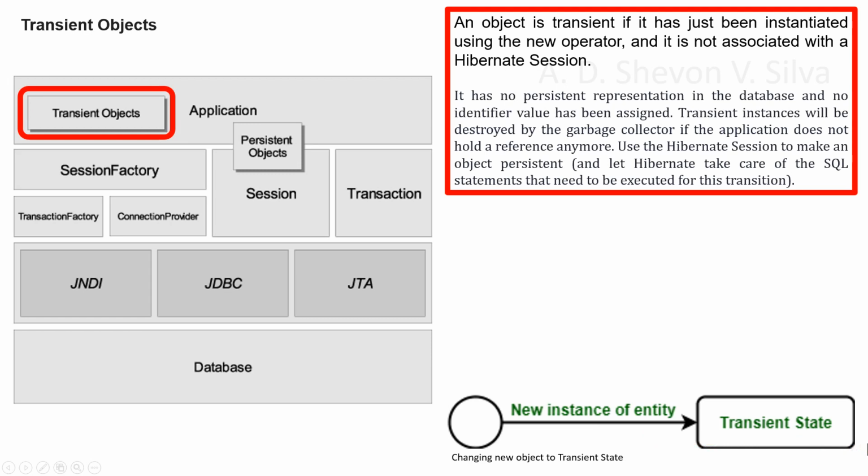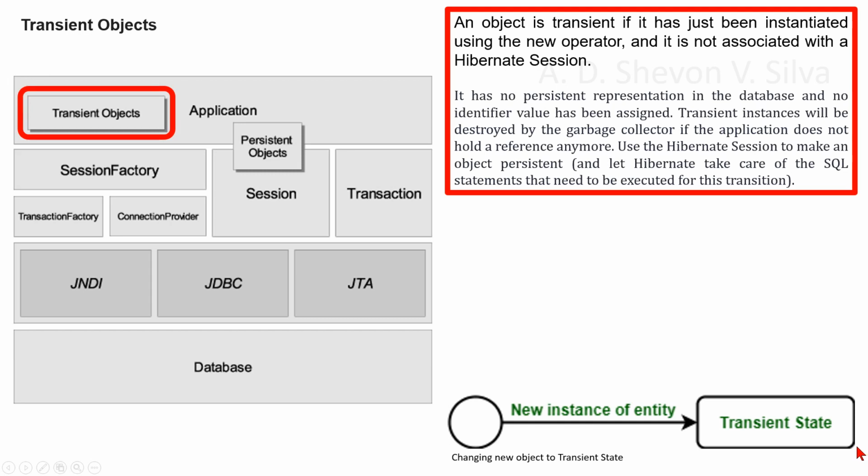This object is not connected with any Hibernate session. As it is not connected to any Hibernate session, this state is not connected to any database table. So if we make any changes in the data of the Pojo class, then the database table is not altered. Transient objects are independent of Hibernate and they exist in the heap memory.